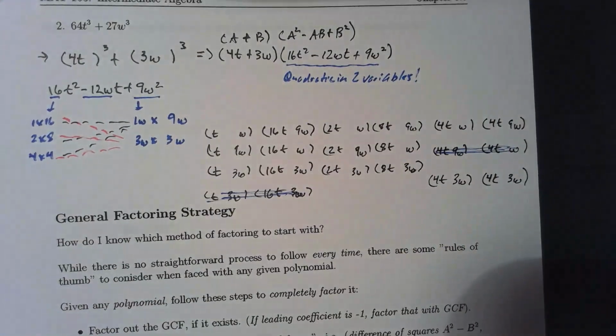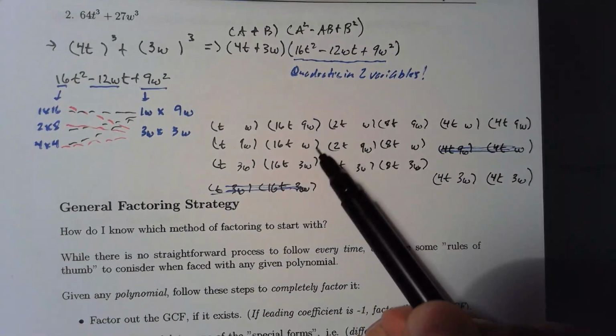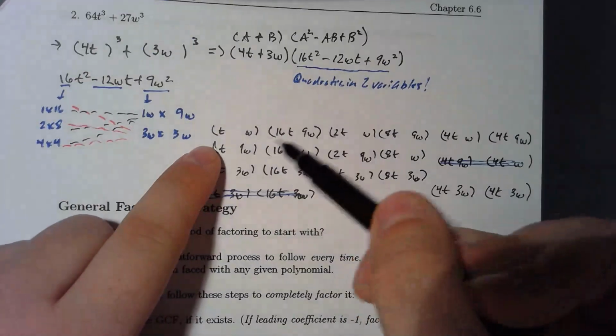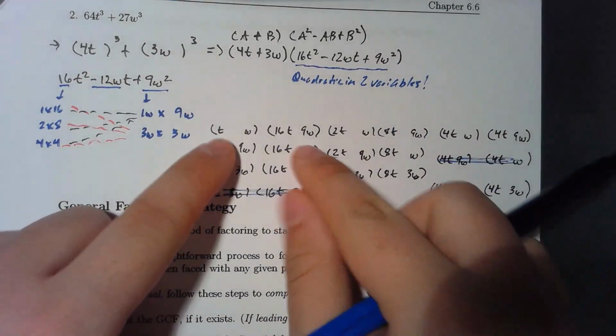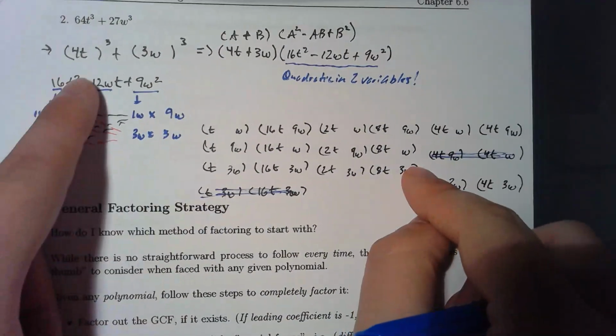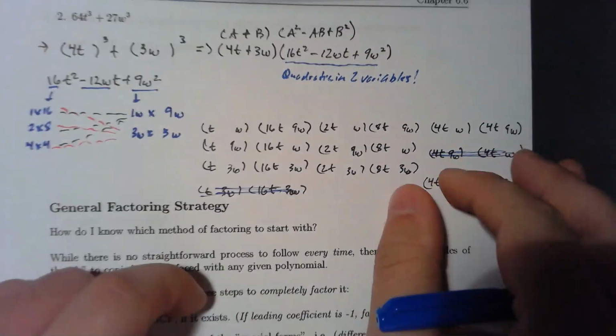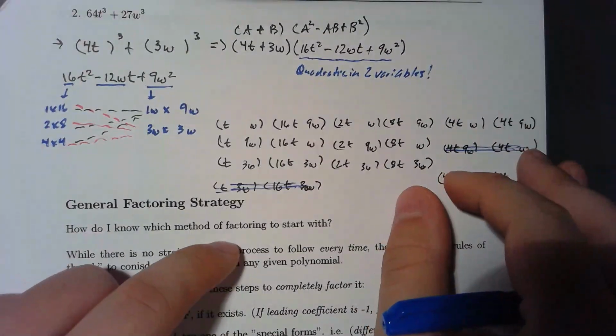Alright. Well, guess what? If I go through all of these, so if I go the outside, inside, none of them are going to give me negative 12w. How do I know that? Because I've done it already.